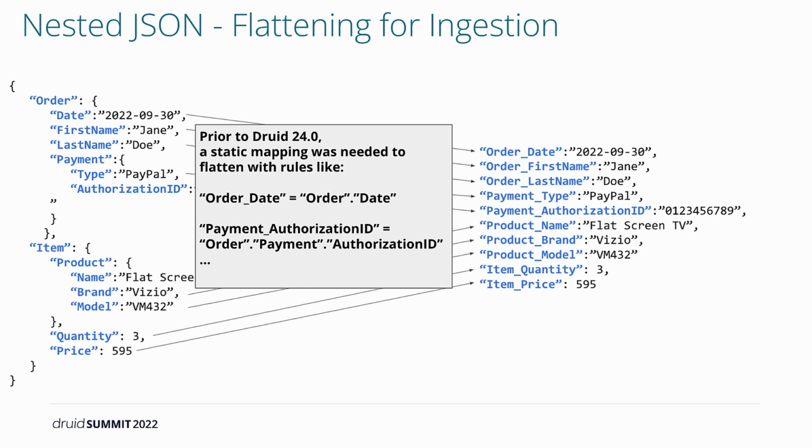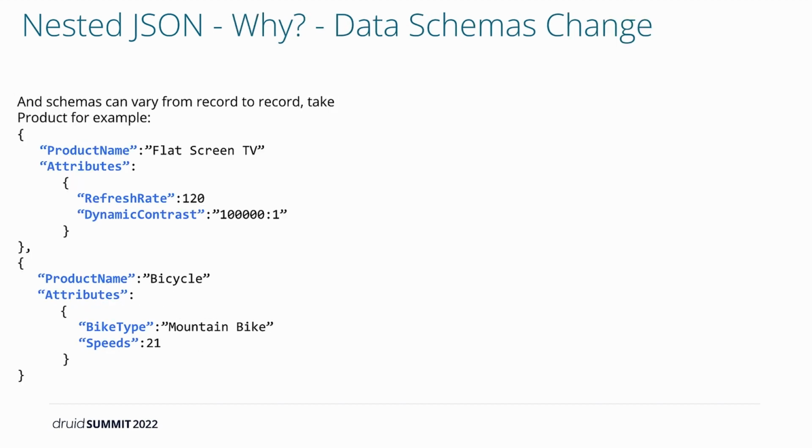Now, this has a few issues. First of all, you have schemas that change from record to record, as an example. So in this example, we have two records of product, and we'll see that the attributes associated to each product are actually very different attributes, which makes sense. A bicycle doesn't have a refresh rate or a dynamic contrast, and a flat screen TV doesn't have a bike type or how many speeds it has.